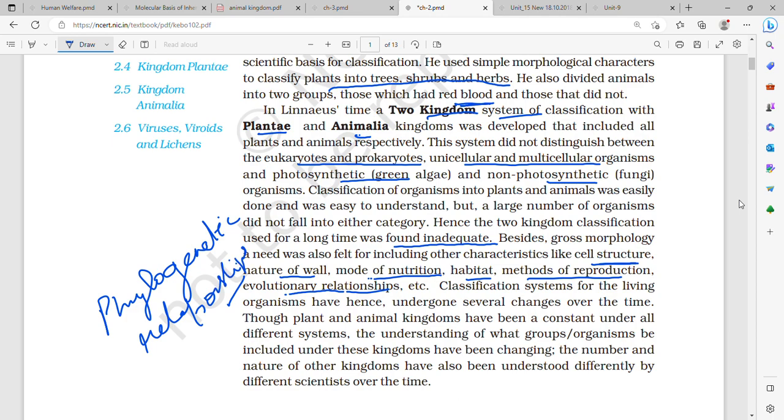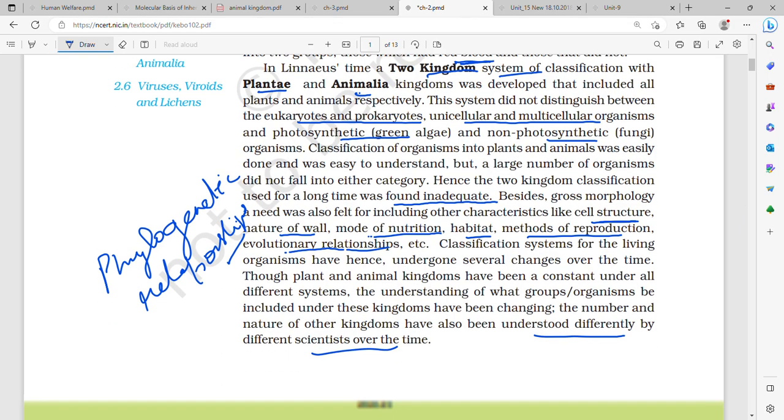Classification systems for living organisms have hence undergone several changes over time. Though plant and animal kingdoms have been a constant under all the different systems, the understanding of what groups or organisms can be included under these kingdoms has been changing. The number and nature of other kingdoms have also been understood differently by different scientists over time.